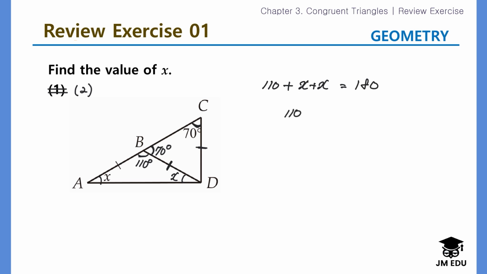So 110 plus 2x is equal to 180. Subtract 110 from each side. So we have 2x is equal to 70 and divide each side by 2 gives us x is equal to 35.